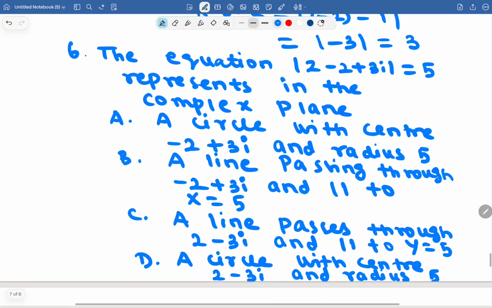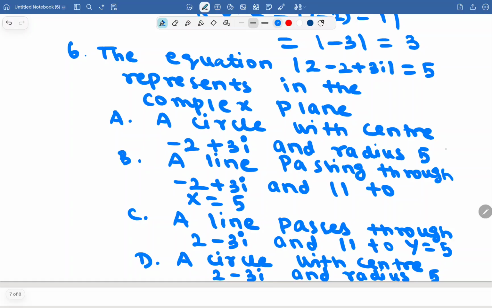In problem number 6, one equation is given in the form of modulus of z minus 2 plus 3i equal to 5. From the 4 options, which one is the correct one?